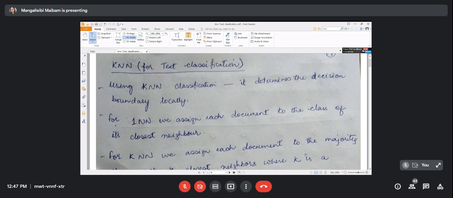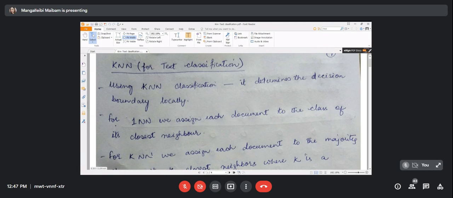Here also there will be a set of labeled documents and one test document will be given. For that test document we compute, and the KNN classifier will assign the respective class to the test document after calculation.